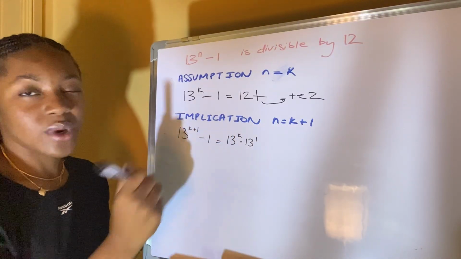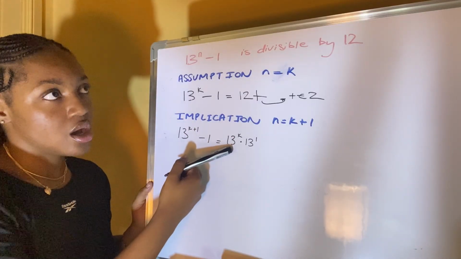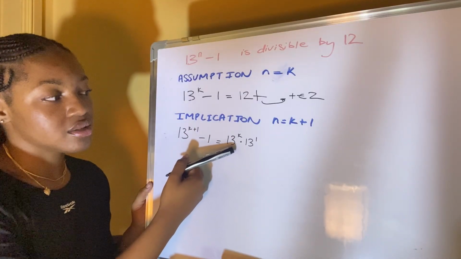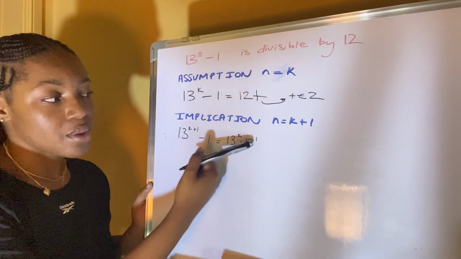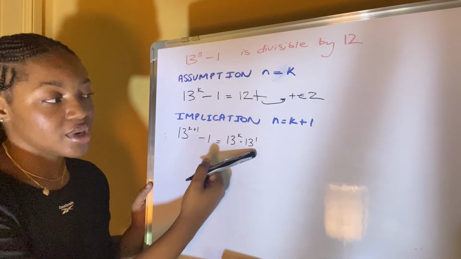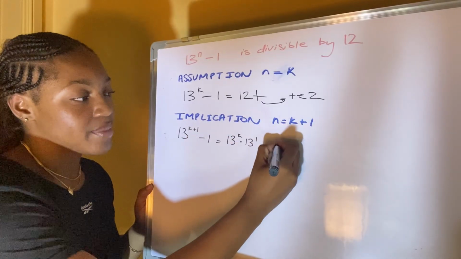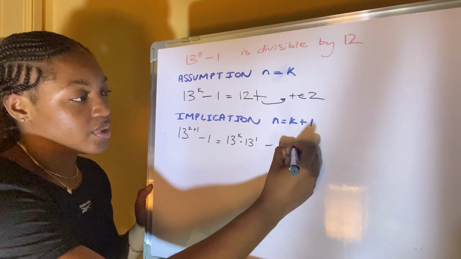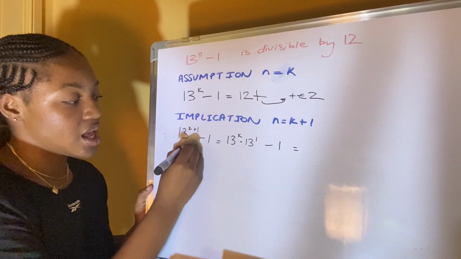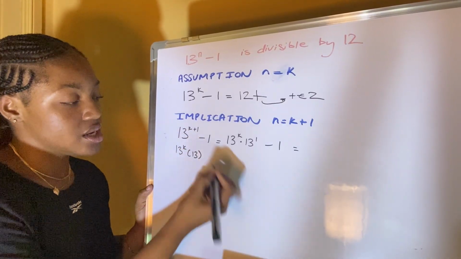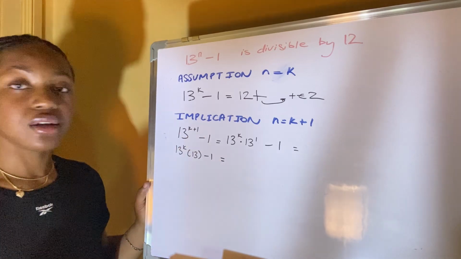Because when we're multiplying two numbers of the same base being raised to a power, we can simply keep the base and add the powers. And of course, we're going to still have our minus 1. And we're going to have 13 to the k times 13 minus 1, because it's the same thing.